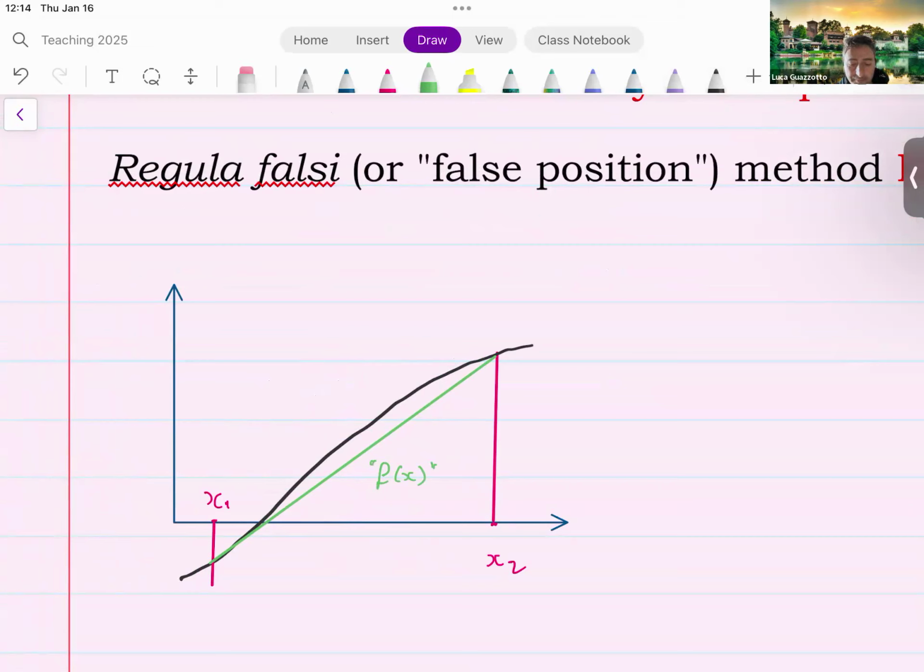Using this method, that's what we replace f of x with. And as you can see, it's the line that crosses the function. That's why it's called the second method. So it's a simple geometrical construction, and we'll pick it up from here next time.